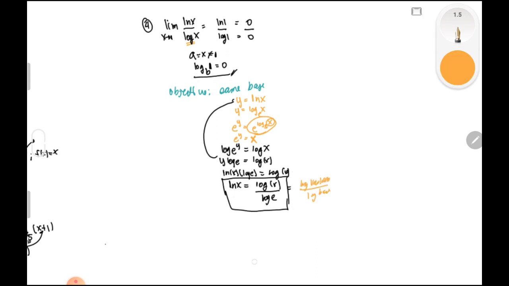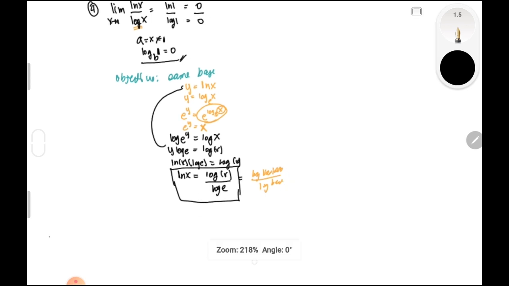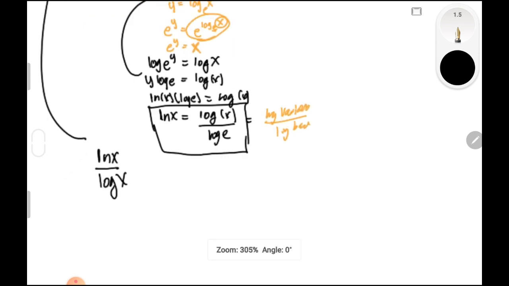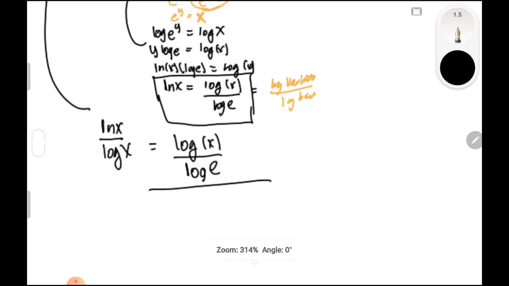So therefore, by further manipulation of this equation, we'll have a value of ln of x divided by our log of x. But our ln of x was initiated a while ago as log of x divided by log of e. So divided by our log of x, which is equal to divided by our log of x. Ito.